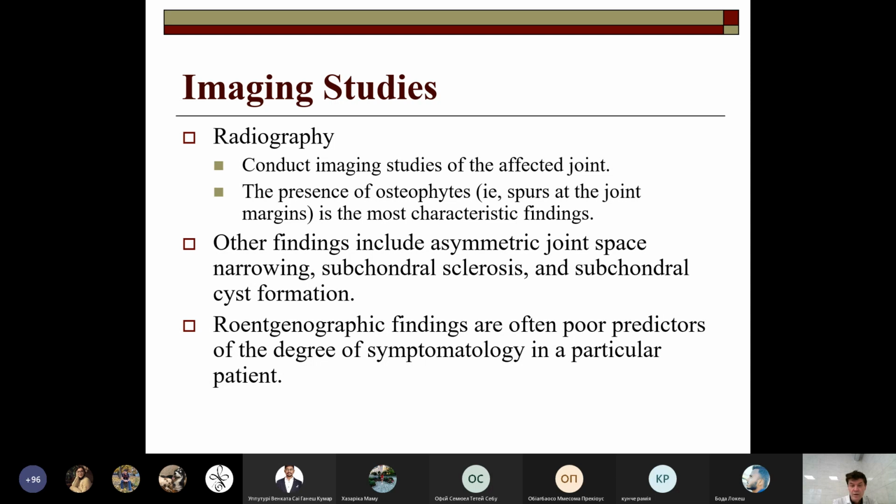Other findings include asymmetric joint space narrowing, subchondral sclerosis, subchondral osteoporosis, and cyst formation. It's critically important to identify whether the cyst formation is a primary process or the result of a secondary process associated closely with the accumulation of some metabolic acid like uric acid.